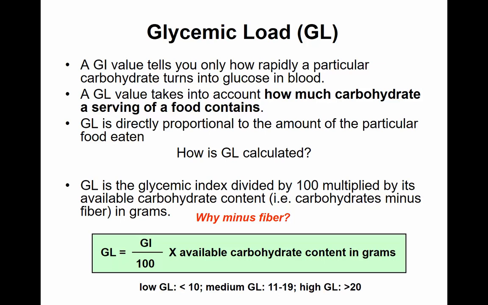And when you consider the carbohydrate content in the particular food, you need to subtract fibers, right? Because fiber is also considered carbohydrate, but it doesn't really contribute a lot to blood glucose level. So when you calculate the GL, you need to subtract the fibers.